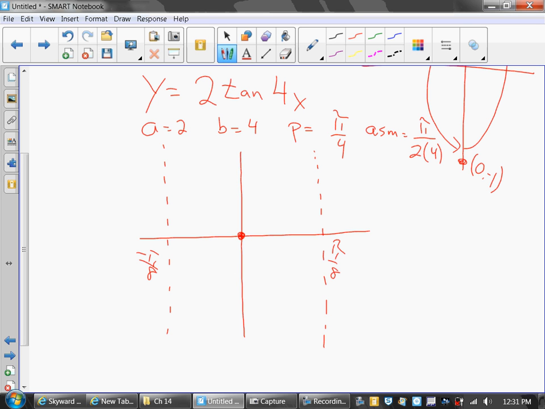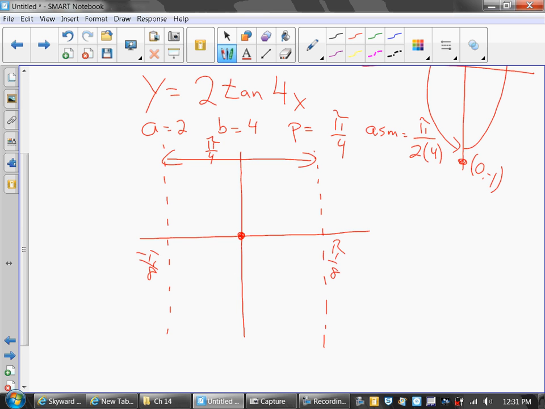Because 1/8 to 0 is 1/8, 0 to 1/8 is 1/8, and 1/8 plus 1/8 is 1/4. This distance here is still pi over 4. What you're doing is you cut it in half to figure out where they are on both sides. And that's where your asymptotes wind up.